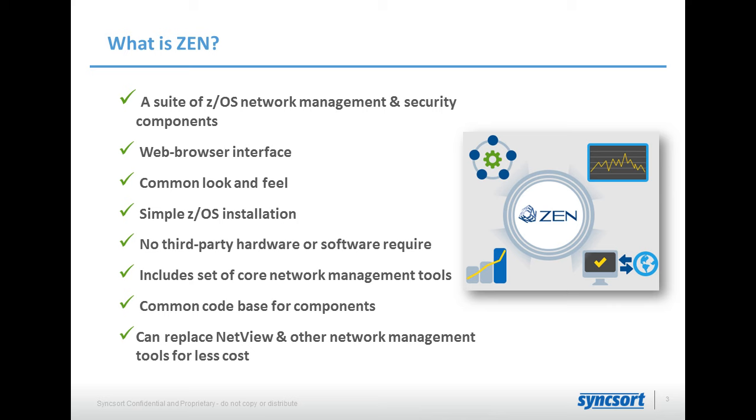It doesn't monitor the OSA at the hardware level. So in this instance, we're comparing slightly different products, because NetMaster is an IP monitor, which is comparable to our ZEN IP monitor, whereas the OSA monitor is monitoring the hardware as opposed to the IP traffic.